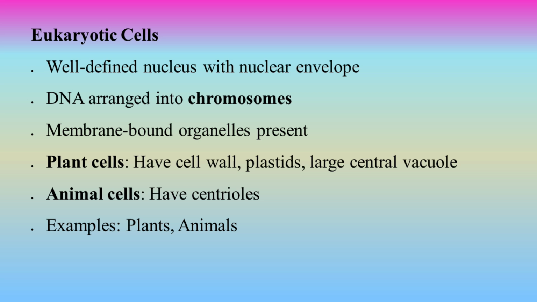In terms of differences, plant cells have a cell wall, plastids, and a large central vacuole. Animal cells lack a cell wall, but have centrioles, which are involved in cell division. Examples of eukaryotic cells include all plant and animal cells.